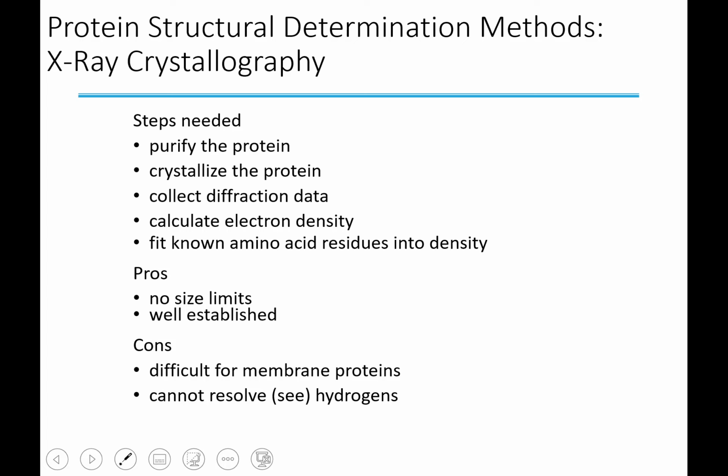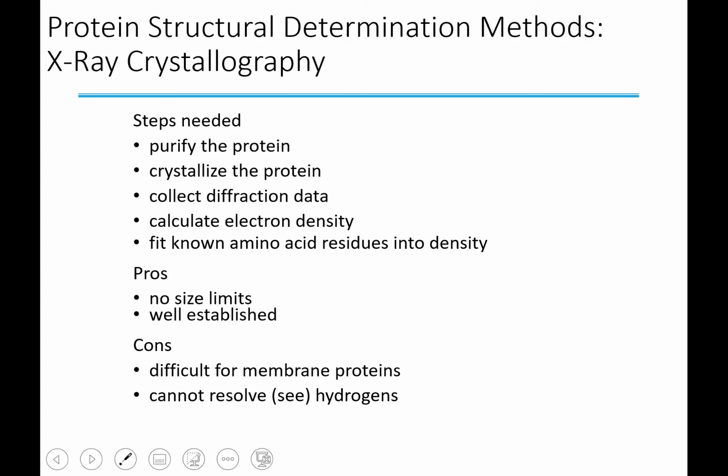Okay, and the book kind of details what steps we need to do this. Just briefly, they're listed here. First, you need to purify a protein. Most proteins, I think, can be purified. Some are harder to do than others.